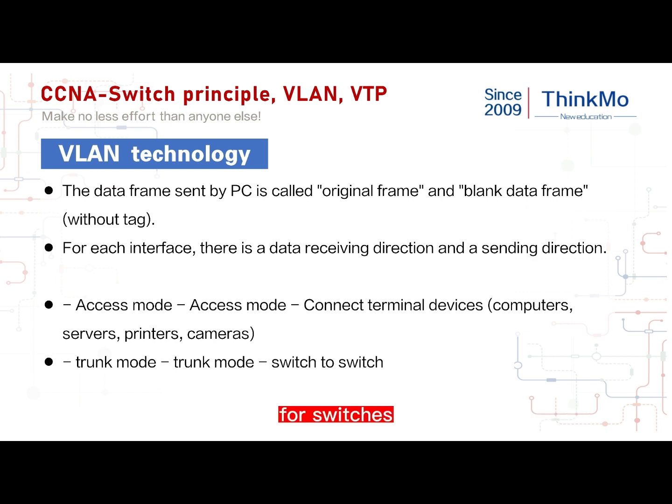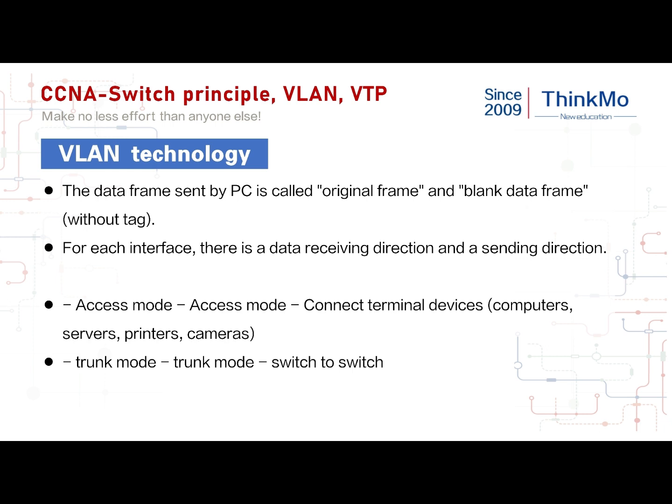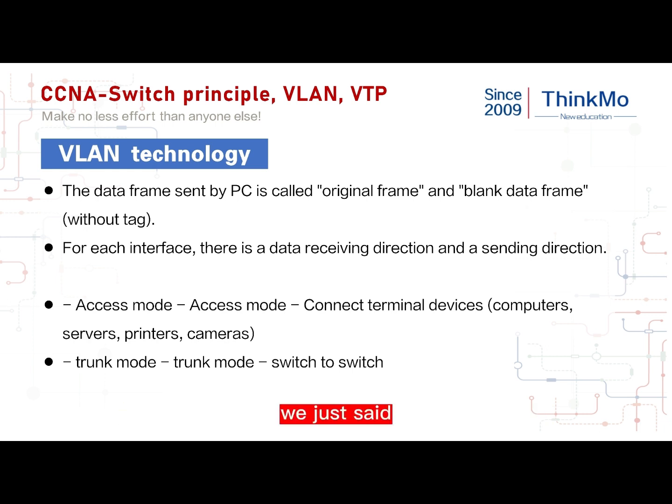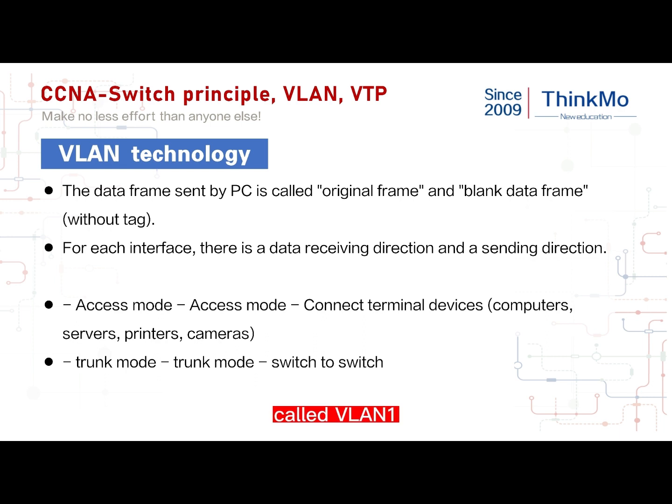For switches, the switch will flood. The flooding principle of the switch is to flood all ports except the receiving port that belong to this VLAN. We just said, if the switch receives data and floods, then it floods all interfaces, because all interfaces are in the same VLAN by default, called VLAN 1.